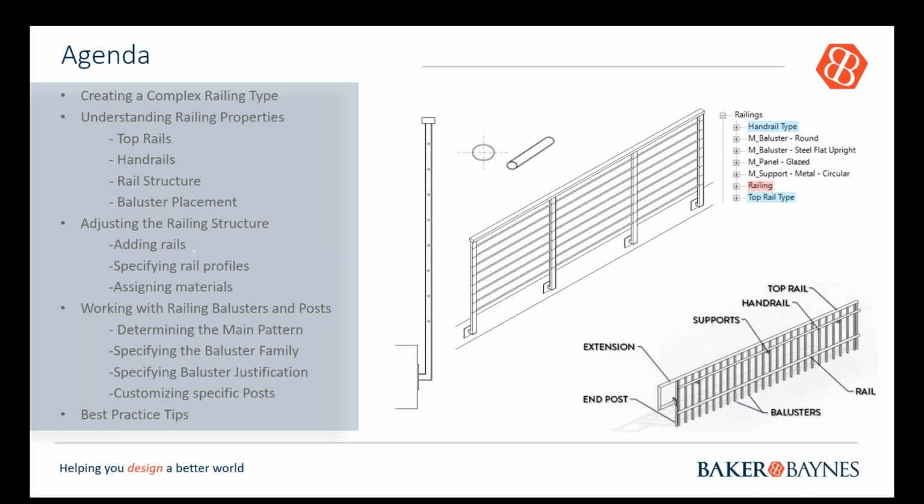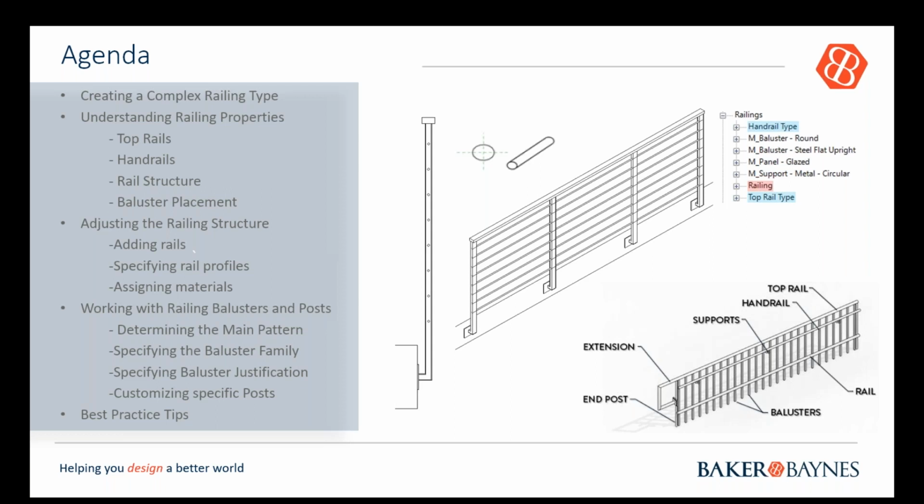And then we're going to specify the baluster justification along a certain path, and see how we could possibly customize those specific posts. The last thing that we're going to go through is some best practices, just some tips on what to possibly look for in the future.